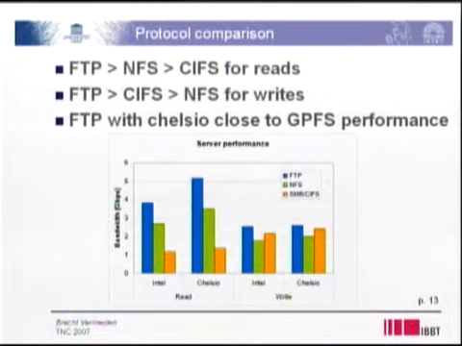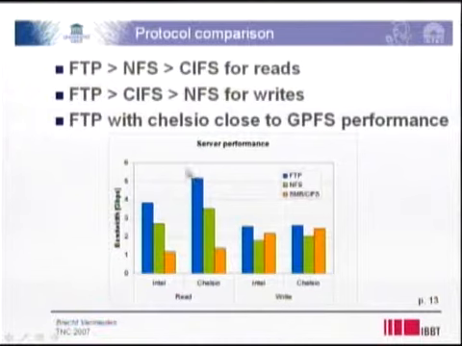So here we see the results for that. We have the bandwidth in gigabits per second, and we have the three protocols, FTP, NFS, and CIFS. We have read performance and write performance, for the Intel and the Chelsea. If you look at read performance for the Intel card, we have about 3.8 gigabits per second for FTP, NFS is a little less, and CIFS is also less.